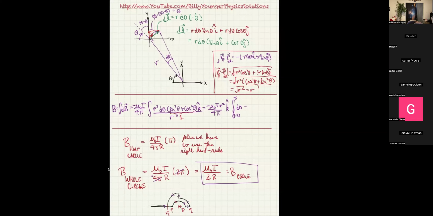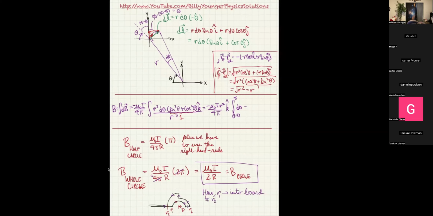Using my right hand rule, I see the half circle is going to cause it into the board. So we'll say half, R1, into board, our screen in this case. And then I've got a quarter, R2.